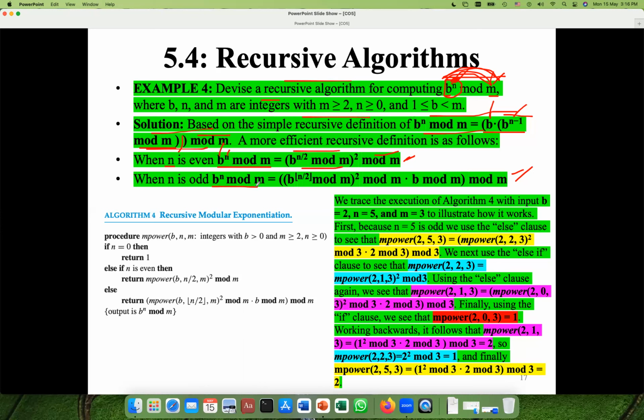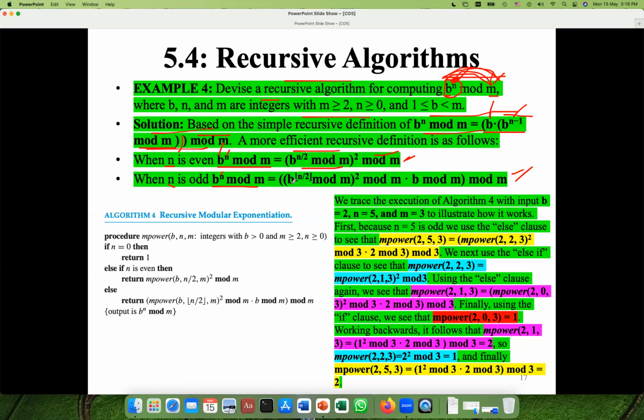b raised power n, if this n is odd, then again n by 2, making it half, and then taking the floor function. Because if it is even, you get a straight half with no fractional points, but if it is odd, you can get those points. So how can you remove that point?